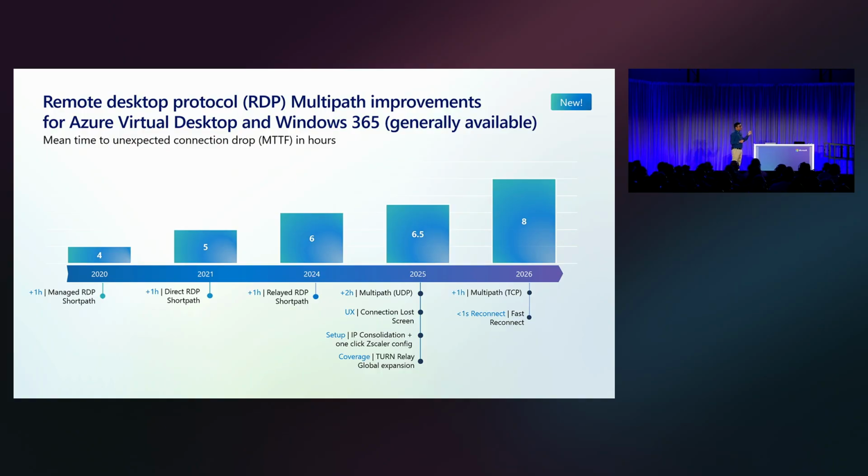So you would observe fewer disconnects. If you look at the chart there, the mean time to failure, which I said started with around 4 hours, we are slowly getting to 8 hours now, which is a regular working day. As we make these investments, our goal is for you not to have a single disconnect in a working day.